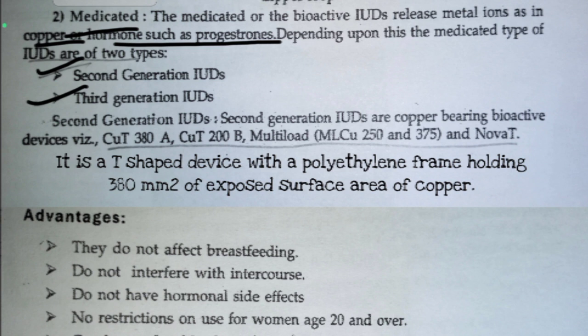In this generation of IUDs, we have copper T380A, copper T200B, multi-load, that is ML, multi-load copper 250 and 375, and Nova T. These are the IUDs. Let me explain what this is.